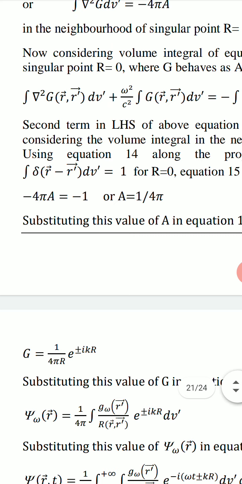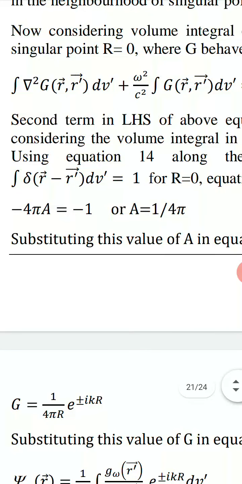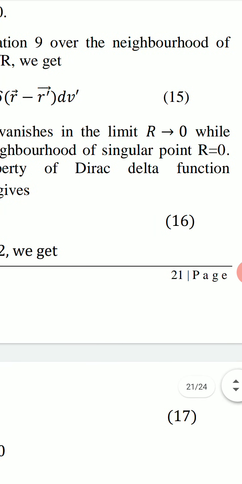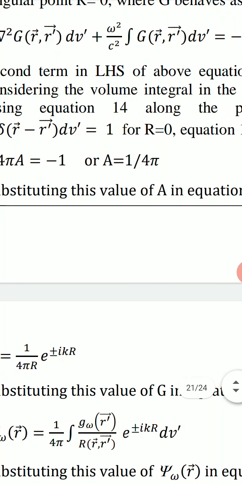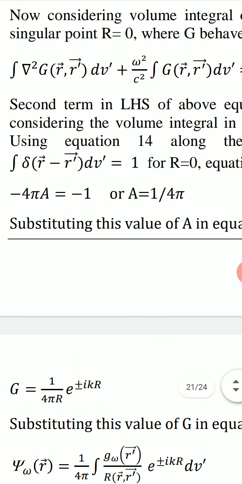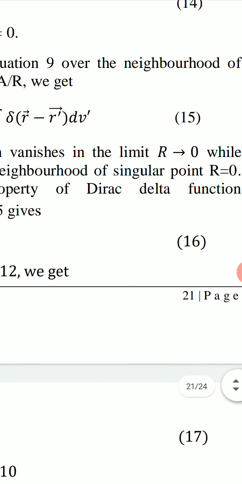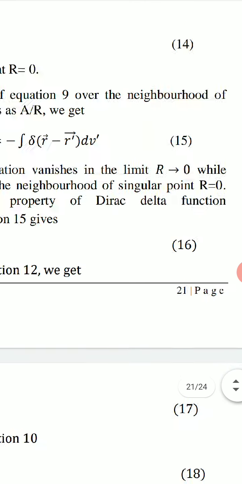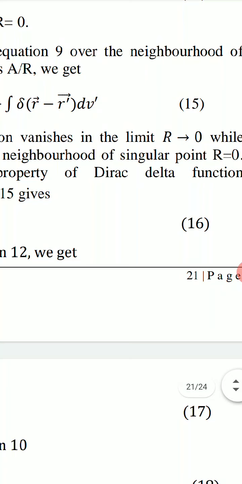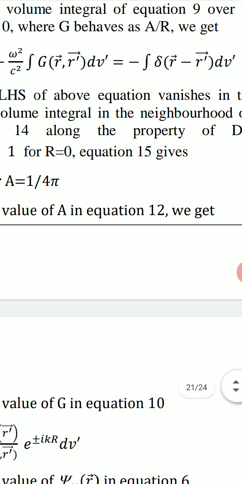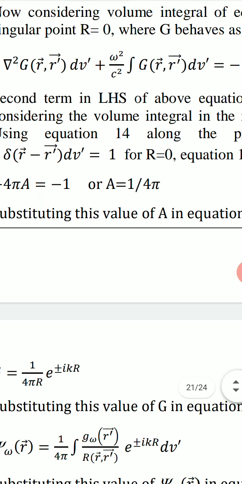So by integrating equation 9 we find this equation 15. Second term in left hand side of this equation vanishes in the limit r tends to 0. If we take the limit capital R tends to 0, that is when field point and source points are close together, then this second term becomes 0.